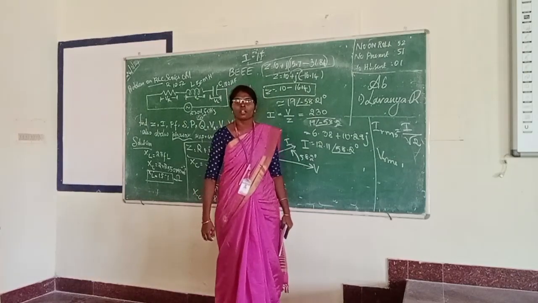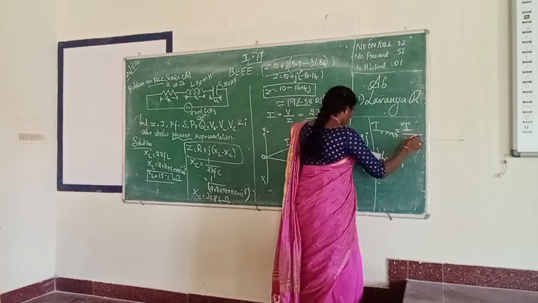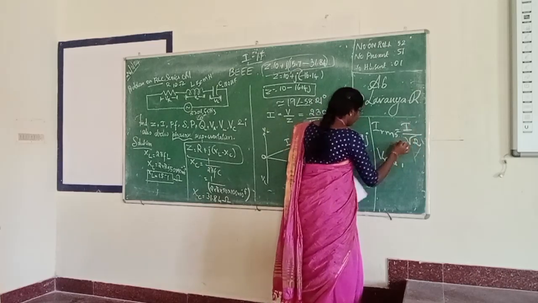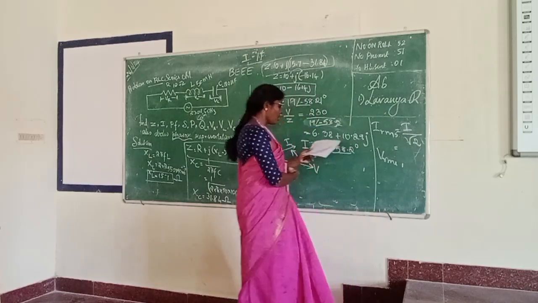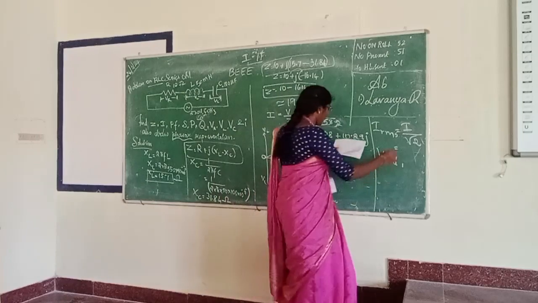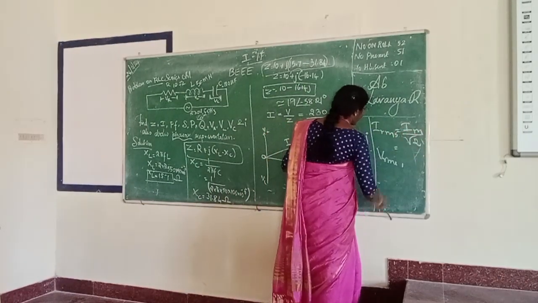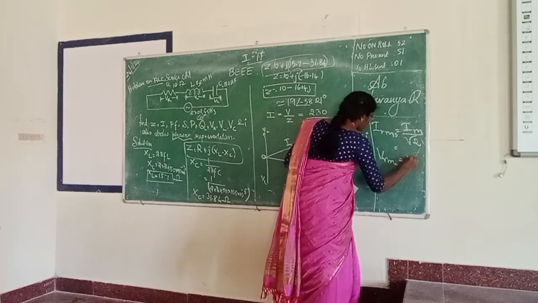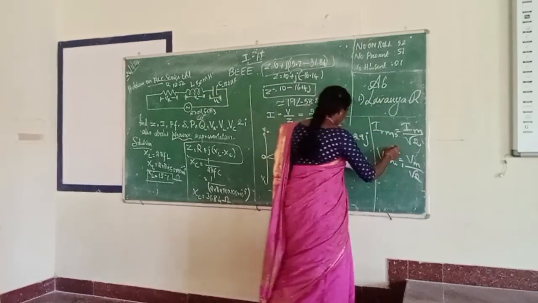I RMS is I by root 2. Or shall we say it like this: Im is the maximum current, likewise Vm by root 2.